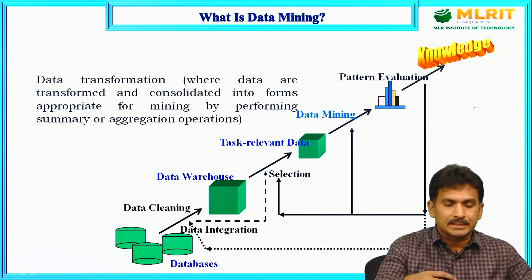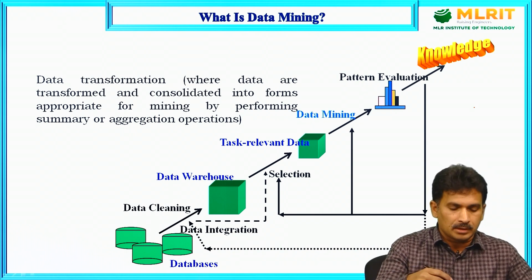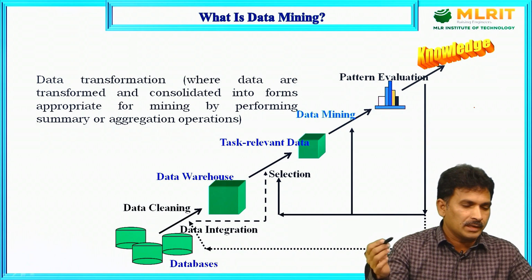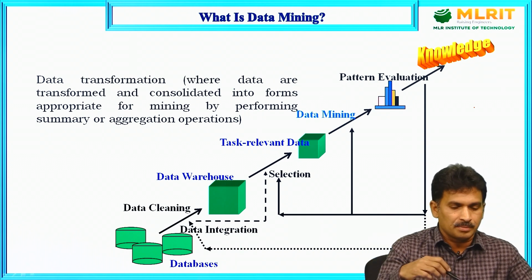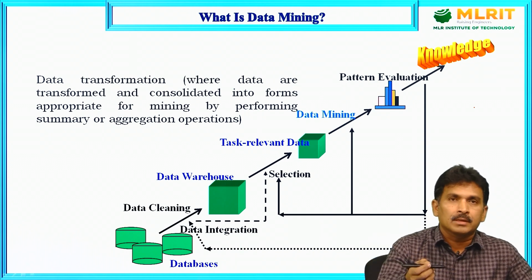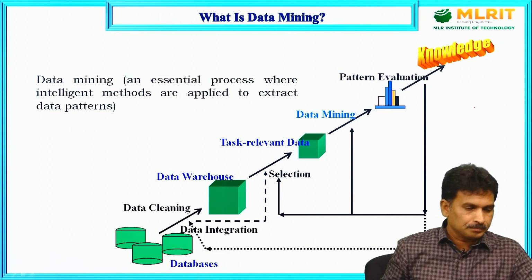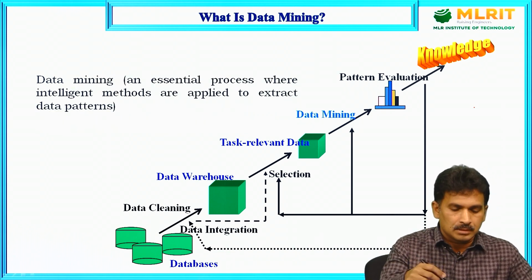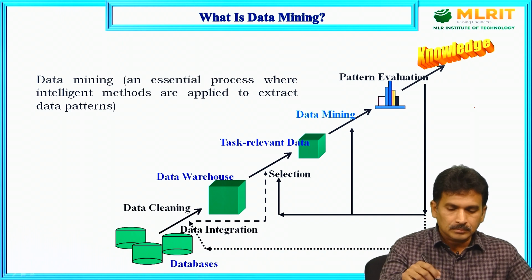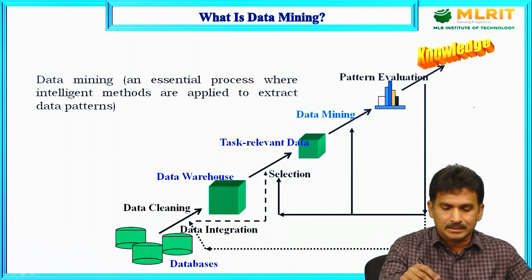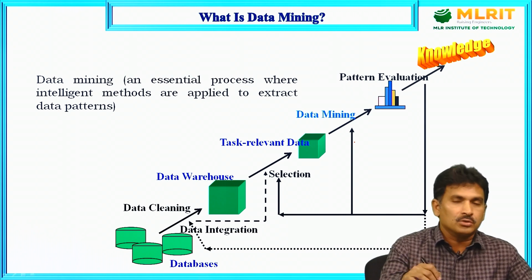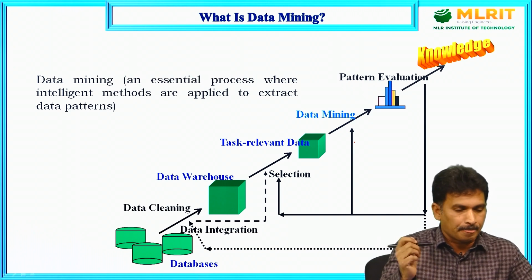And then the transformation needs to be done in order to convert the data into the required format. In this transformation, the data are transformed and consolidated into forms appropriate for mining by performing summary or aggregation operations. Then the data mining, by applying the different tasks in data mining like classification and clustering, which are divided into predictive and descriptive tasks.